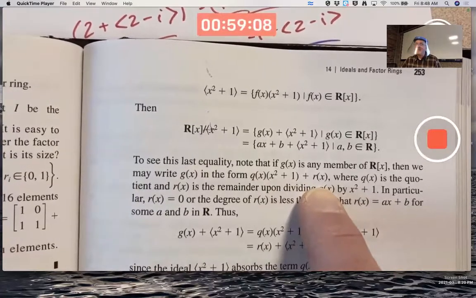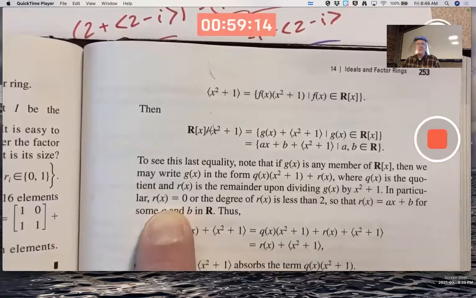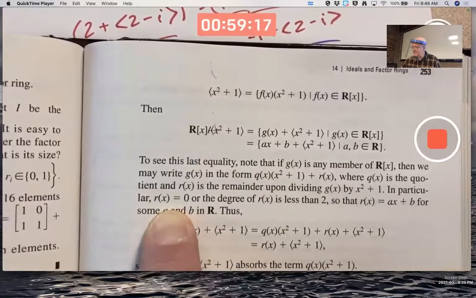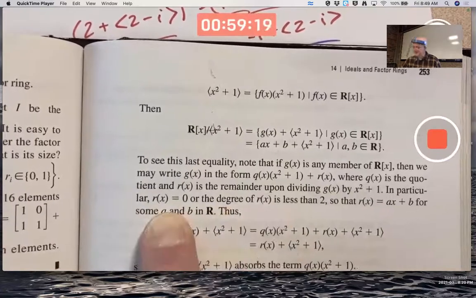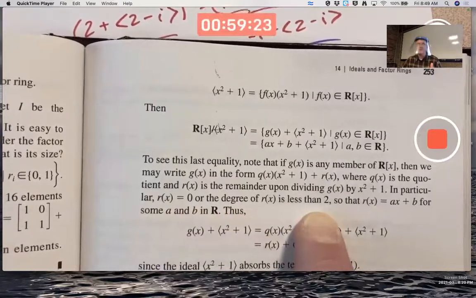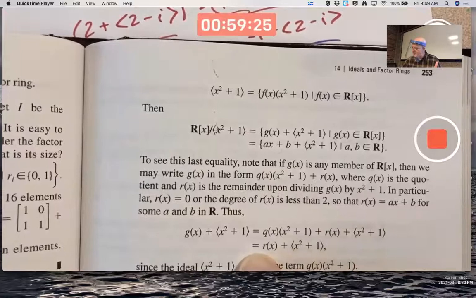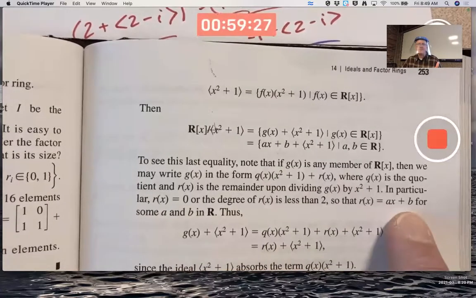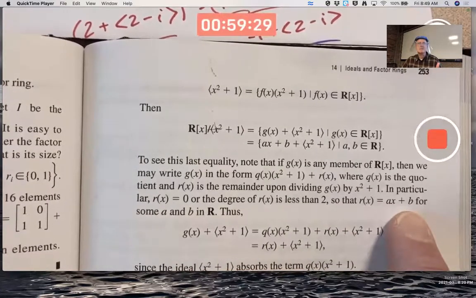Again, for some technicalities, I really shouldn't quite say it that way because the zero polynomial technically has a degree that's undefined, and the author kind of hints at that here. The author says either r of x is the zero polynomial or the degree is less than 2. Either way, it's a linear polynomial, ax plus b for some real numbers a and b.